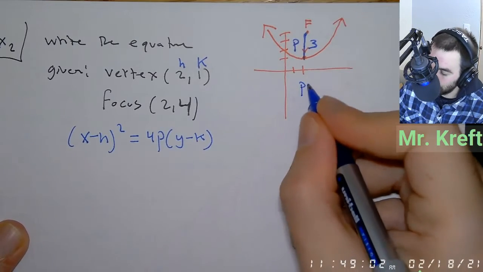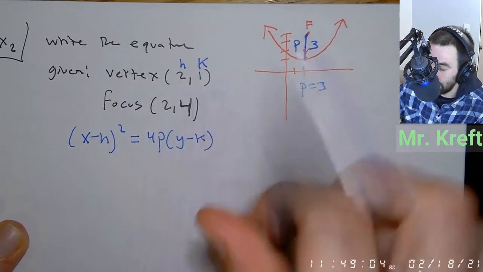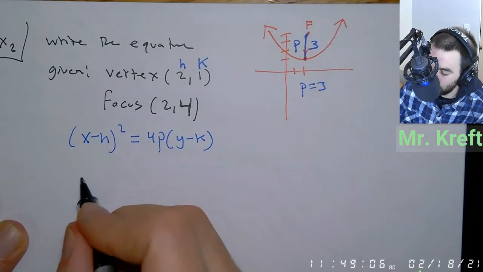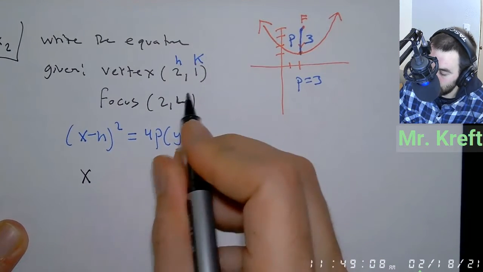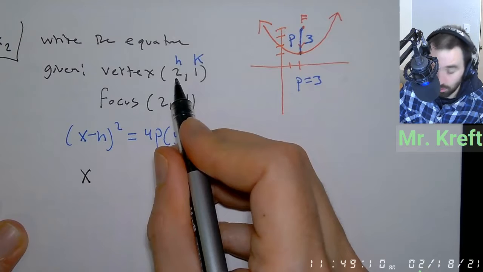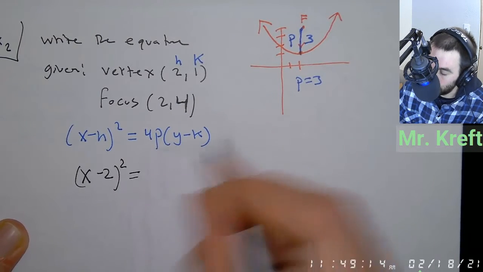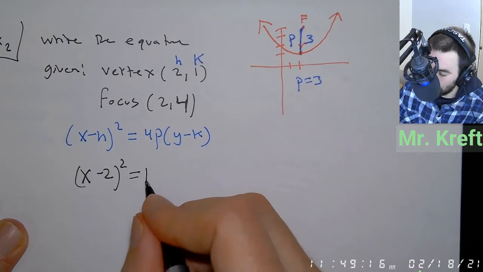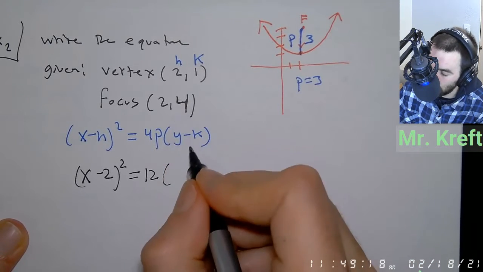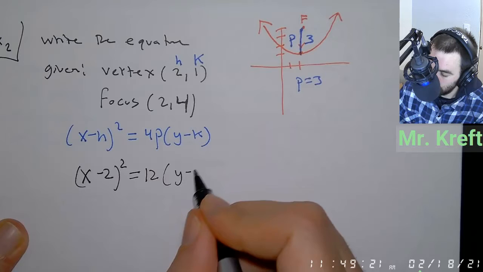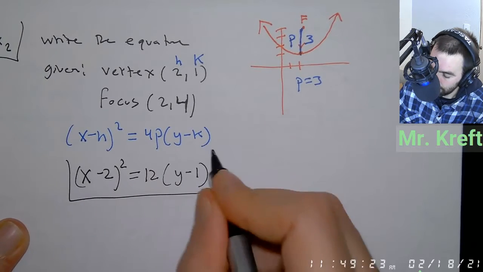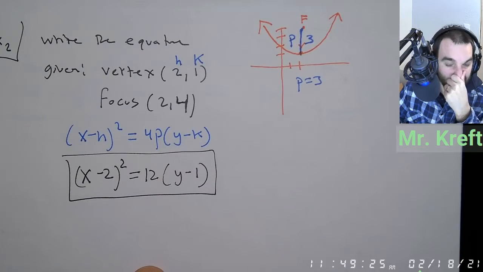So my p equals 3. And I have my h and my k. So then all I'm going to do is go x, my h is 2, so minus 2, and then 4p. 4 times 3 is 12. And then y minus 1.